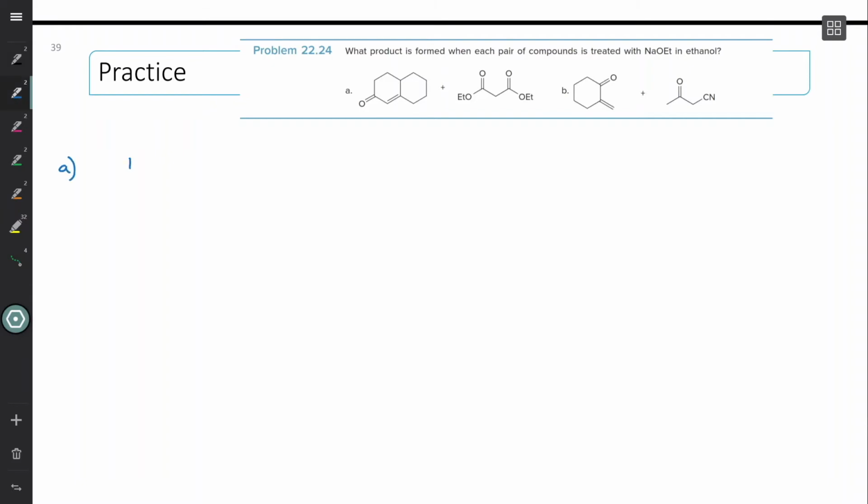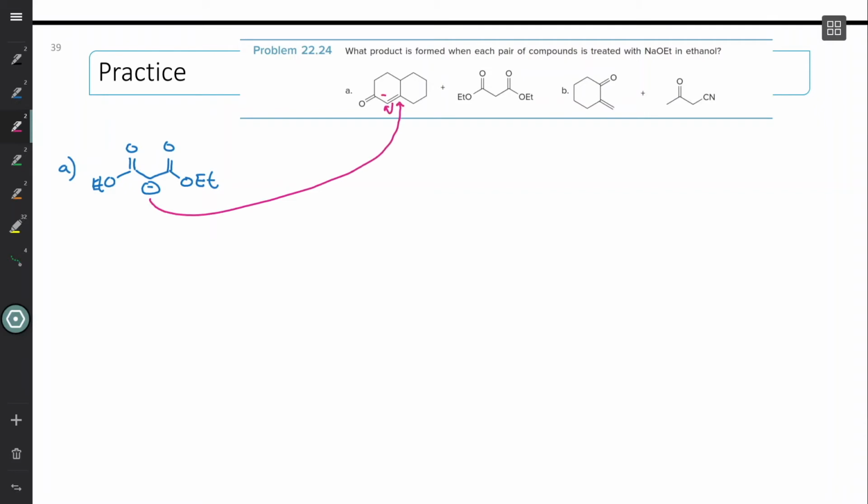So first we're going to form our enolate. Right, so this is the most stable enolate, between two carbonyls. That alpha hydrogen was really acidic. And then this will react with, I'm going to just draw it this way, over here.